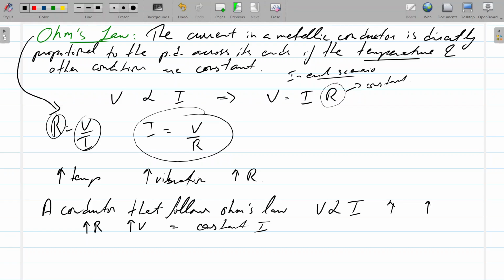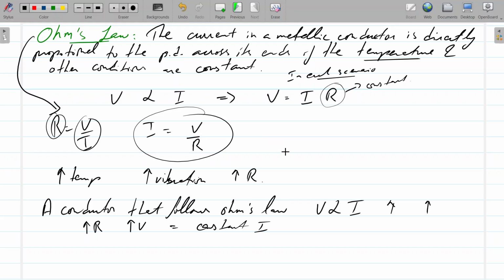So any metal wire, for example, that we normally come across when we are dealing with electrical appliances, those are ohmic conductors, right? And so that means that an increase in voltage would result in an increase in the current, given that the temperature and everything else is the same, right?